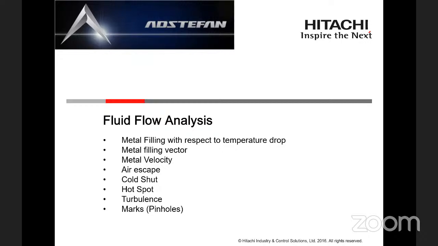So these are the fluid flow results. We need only 5 parameters in order to do the simulation. As we discussed, it is very user friendly, simple, and easy to use. First is the geometry with all the gating design. Second, the casting material grade.